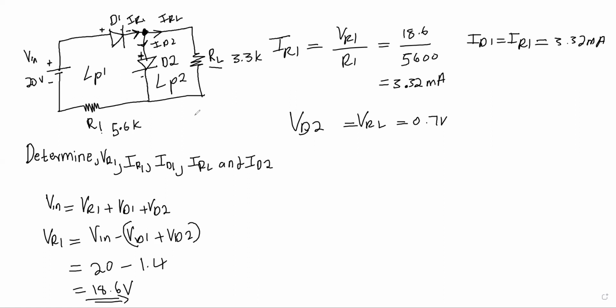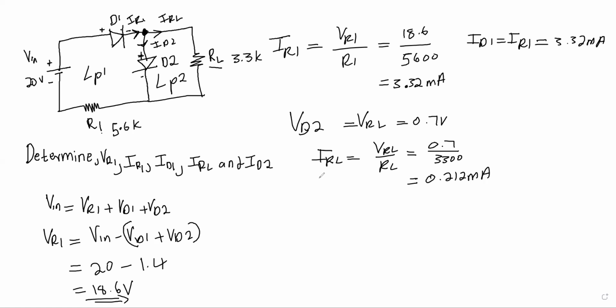So IRL is equal to VRL divided by RL, which is 0.7 divided by 3,300 ohms. The current is 0.212 milliamperes.